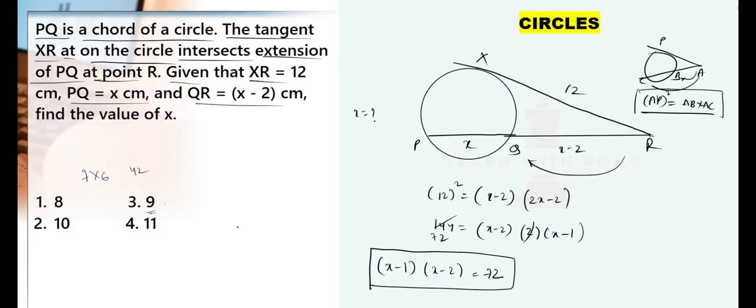Same, if I assume 9 as x, 8 multiplied with 7, we are getting 56, not 72. If I assume 10 as x value, 9 times 8, we are getting 72. So our answer is x value is 10, option number 2. Let's see our next question.